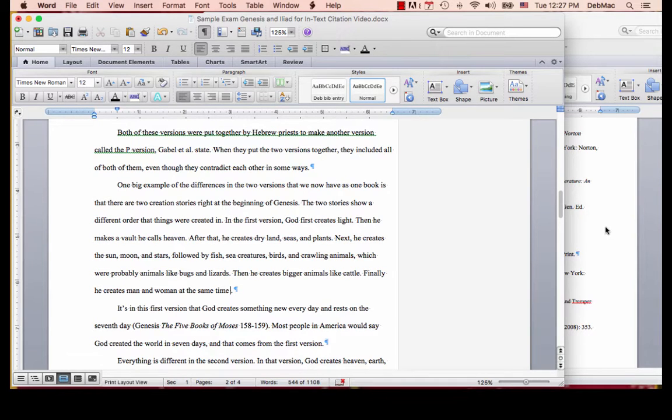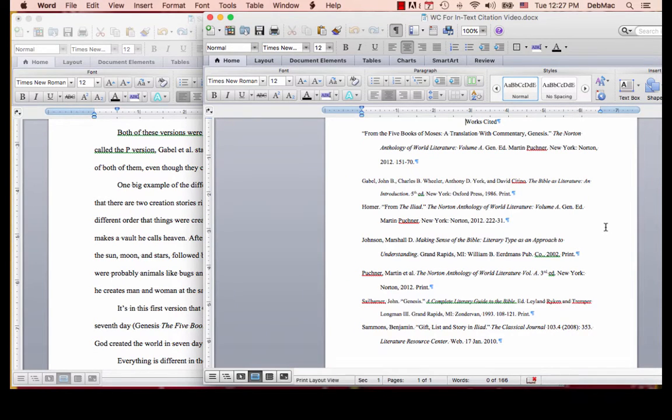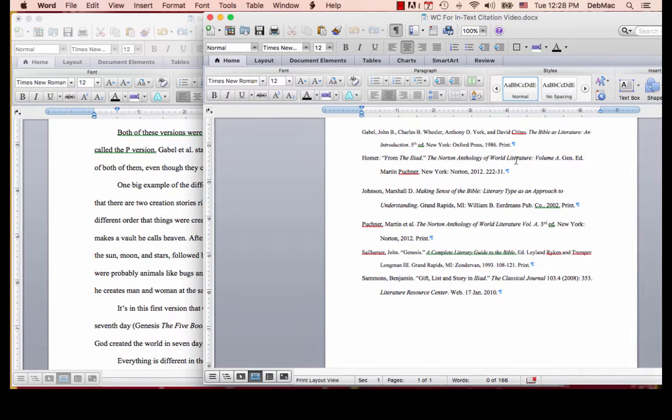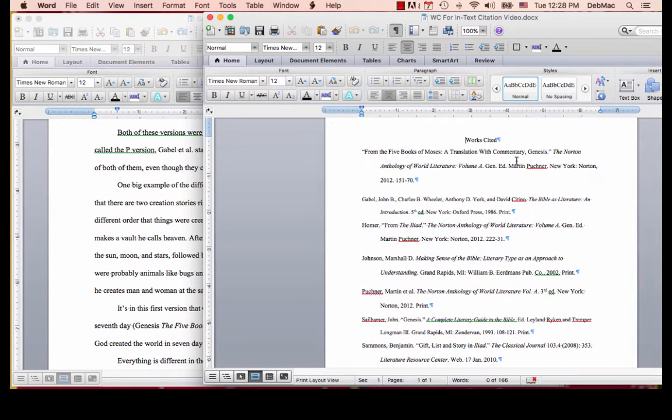Okay, so this came from the selection from Genesis in your book. And we know, because we did the works cited page, that there's no actual author for it because there's no actual author for Genesis. So what we've got is From the 5 Books of Moses, a translation with commentary, Genesis. That's a very long title. And there's nothing else on this page that it could be confused with. So we're going to shorten the title to From the 5 Books of Moses. And we see that From the 5 Books of Moses is enclosed in quotation marks.